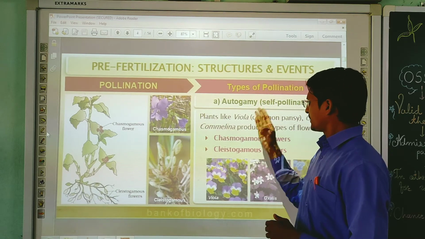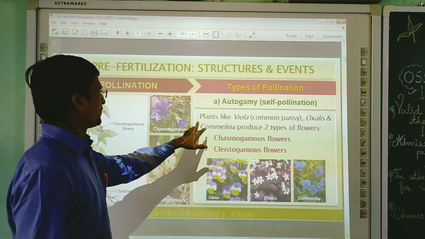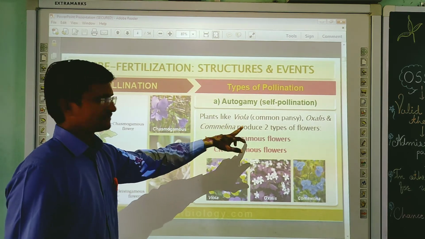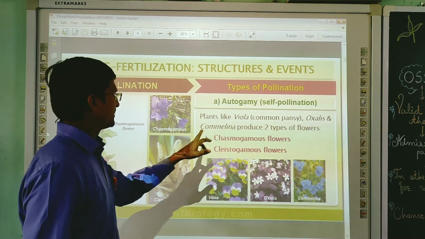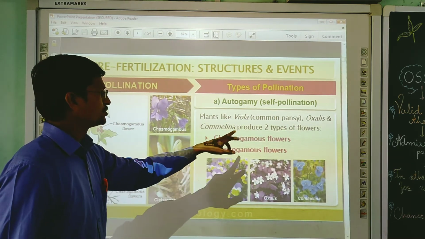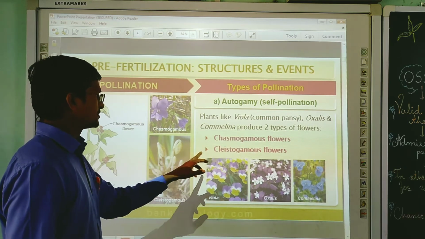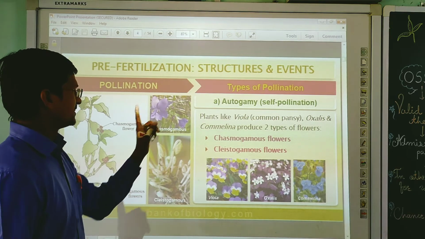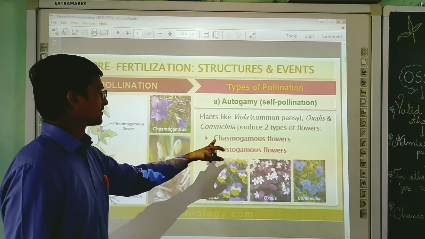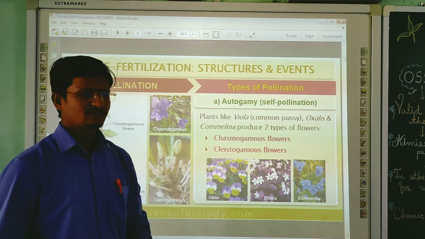For autogamy, we are going to discuss different examples. Plants like viola, commonly known as pansy, Oxalis and Commelina produce two types of flowers: chasmogamous flowers and cleistogamous flowers.